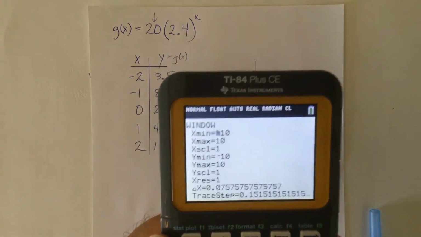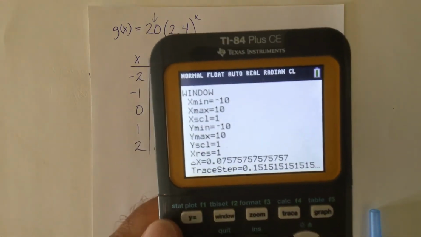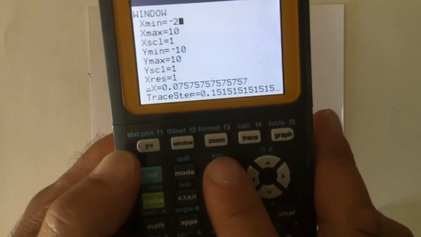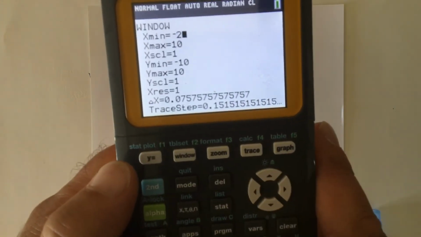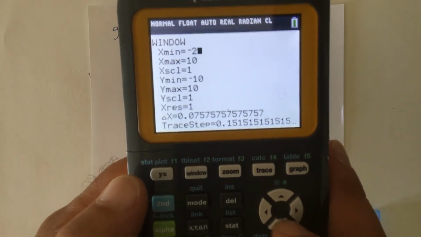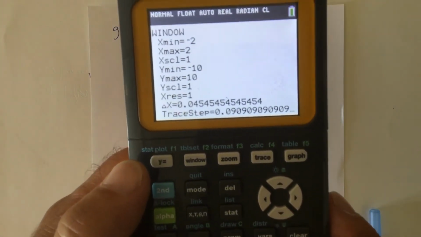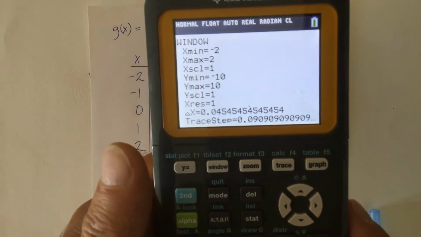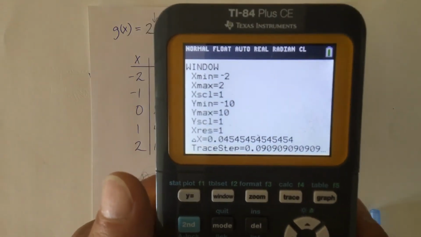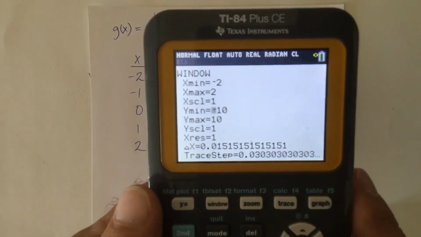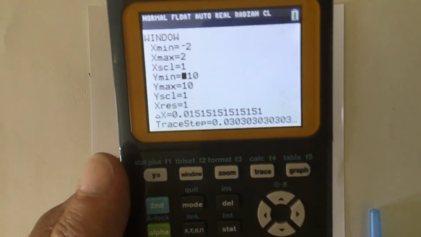We're only using 2 of them, so I'm going to put a -2 there and delete the 0. There's x min, -2. I'm going to change this to a 2. We only have 2 dashes on the positive side of the x, and every dash on this x is worth 1 unit.